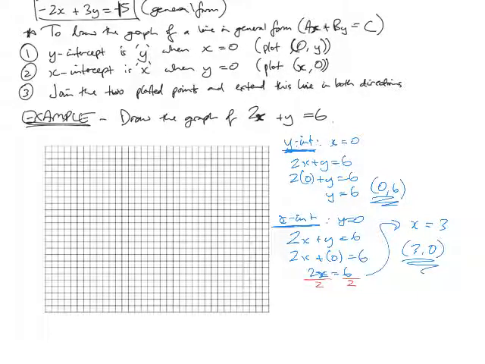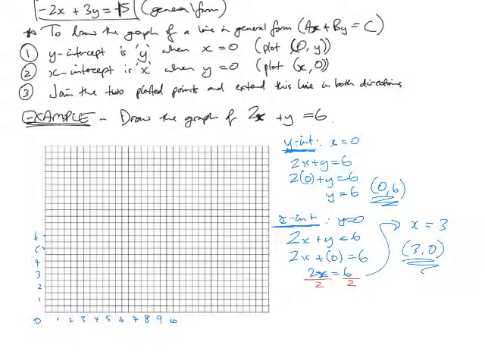Alright, so there's our 2 points, so we need to make a grid that's going to fit that. We can start them both at 0. 1, 2, 3, 4, 5, 6, 7, 8, 9, 10, and 1, 2, 3, 4, 5, 6.